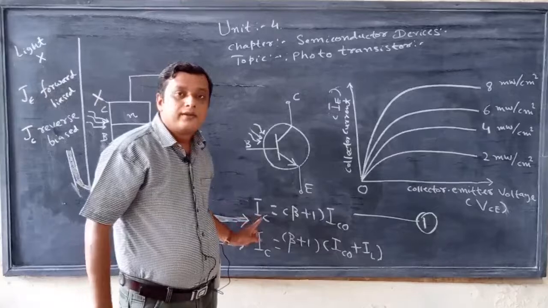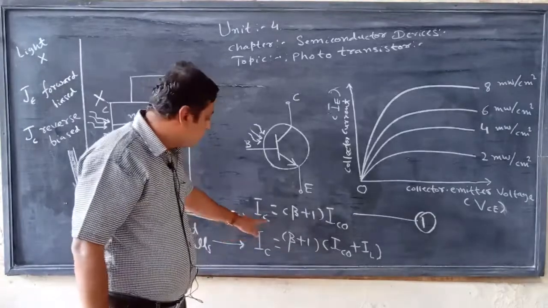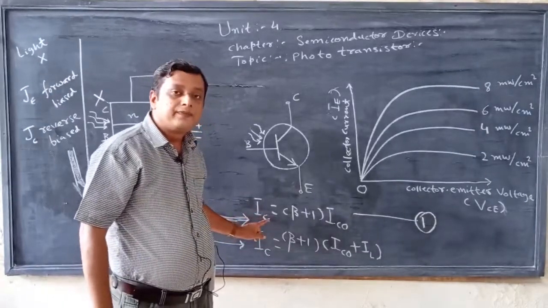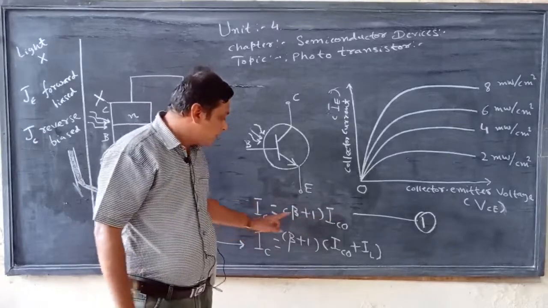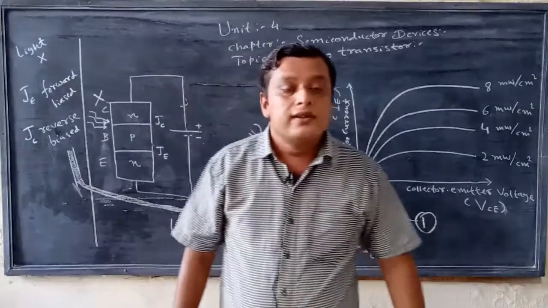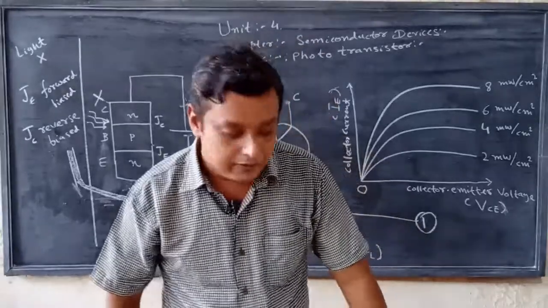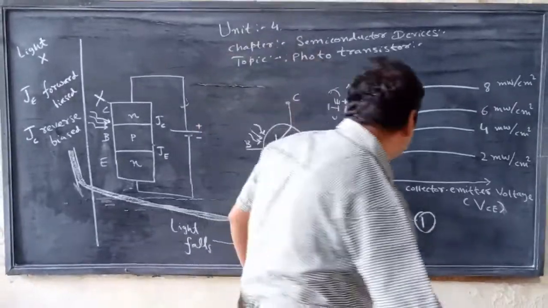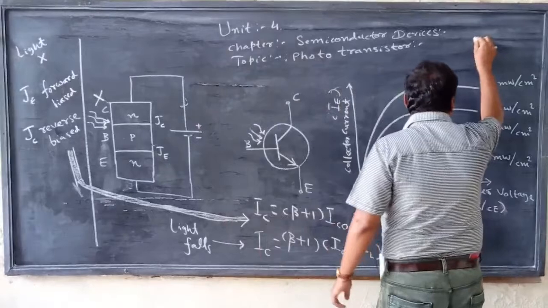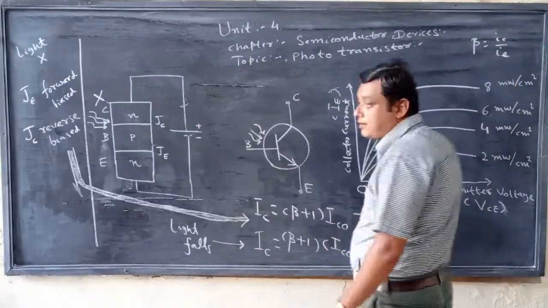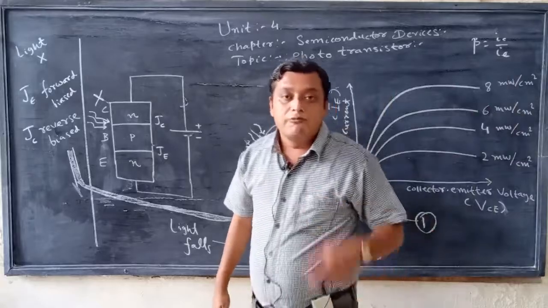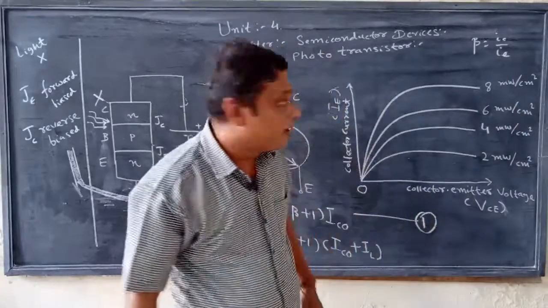At that time collector current is represented by IC, and collector current follows this equation where beta is known as current gain. We know that beta is equal to IC by IE.